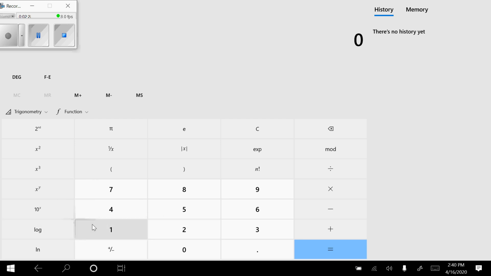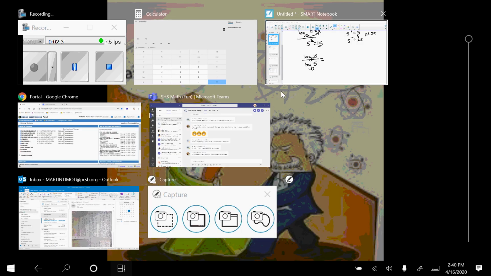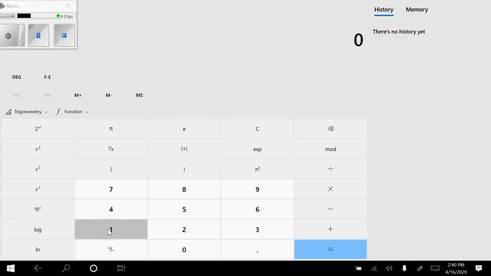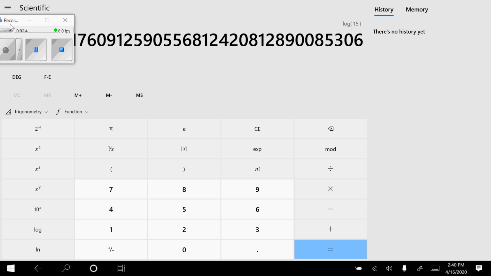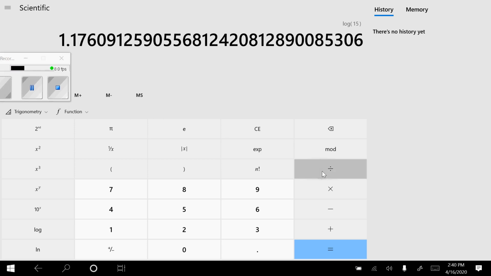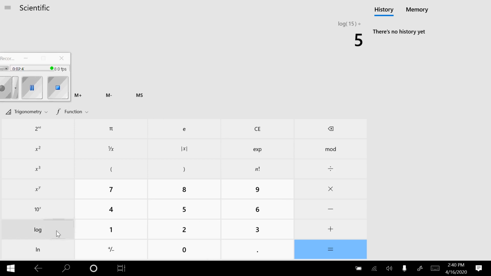I think you have to hit log after you hit the number. So I'm going to have to hit, let me see, what was it? 15, then log. That's the log of 15. Divided by 5. And now I hit log.